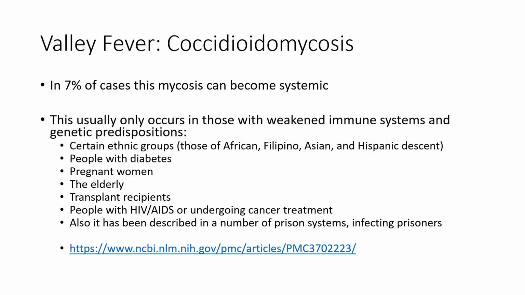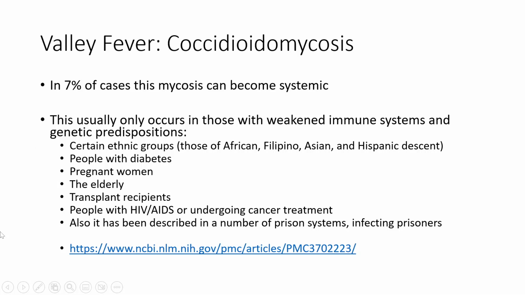Basically, people of African, Filipino, Asian, or Hispanic descent tend to develop these systemic infections, and they're a little bit more likely to have these. Then people with diabetes. If we use our little higher thinking skills here, typically Hispanic and African people also have a predisposition to have diabetes. So unfortunately, we've got a bit of a double whammy here.